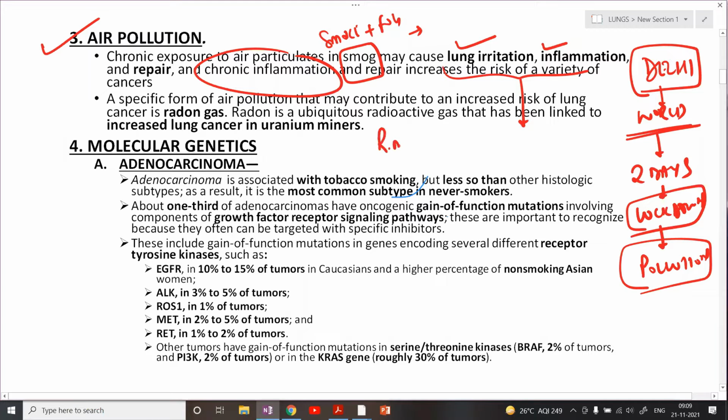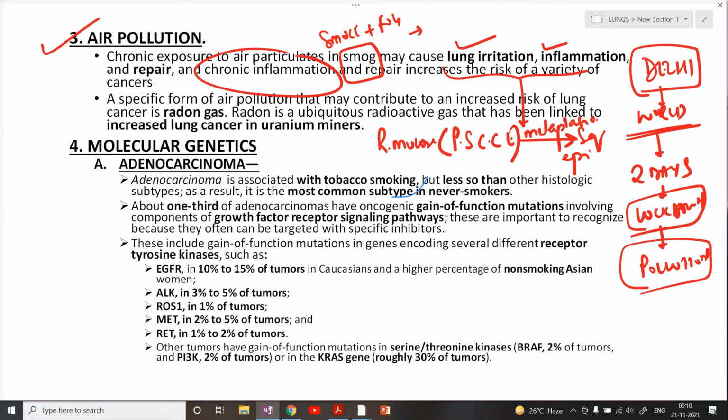Yes, it is pseudo-stratified columnar ciliated epithelium. That is going to change into a squamous epithelium. That is, there is a metaplasia. And if you remember, metaplasia, if it is persistent over a long period of time, is going to cause dysplasia, and further on it is going to cause cancer. So this is how air pollution can cause cancer.